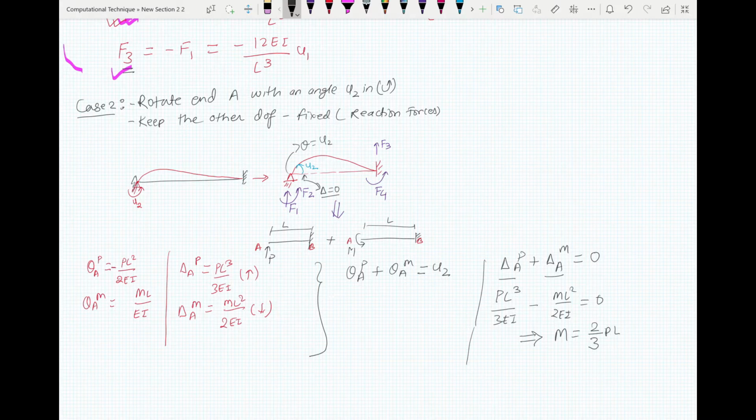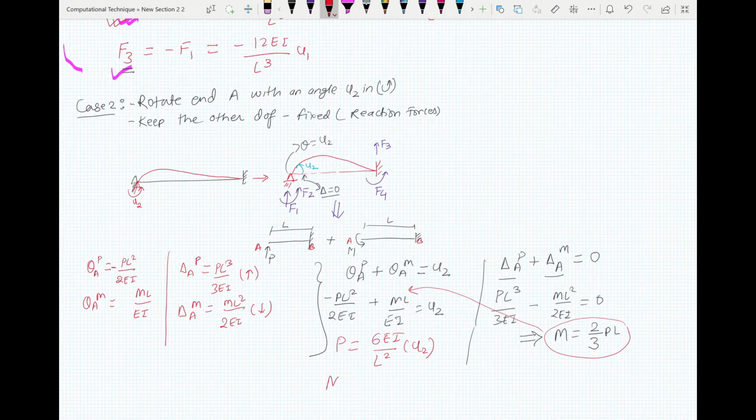And in this one, you'll have minus PL square by 2EI plus ML by EI equals U2. When you substitute your M back here, you'll get your P as 6EI by L square U2, and then you'll obtain your M from here.